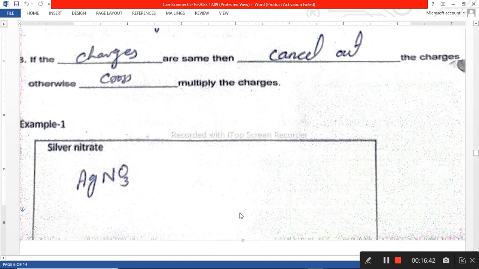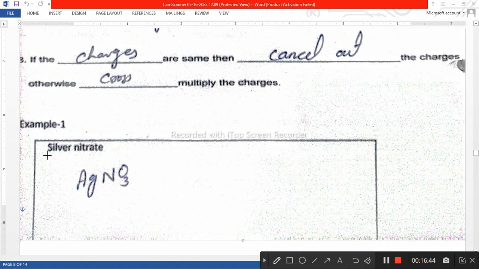Silver nitrate. Firstly, write the symbol of silver. You can find it from the periodic table, Ag, and the charge is +1. Nitrate, NO3, -1.